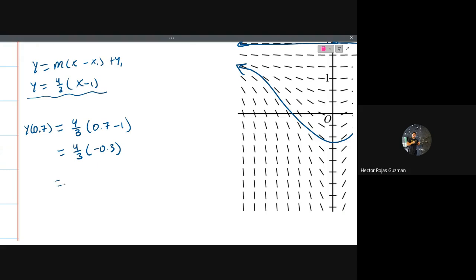I'm gonna make the negative 0.3 into a fraction, 3/10. Cancel out the 3's and reduce to 4/10. That is the approximation of f of 0.7. 2 points for this question, 2 points for A. C.